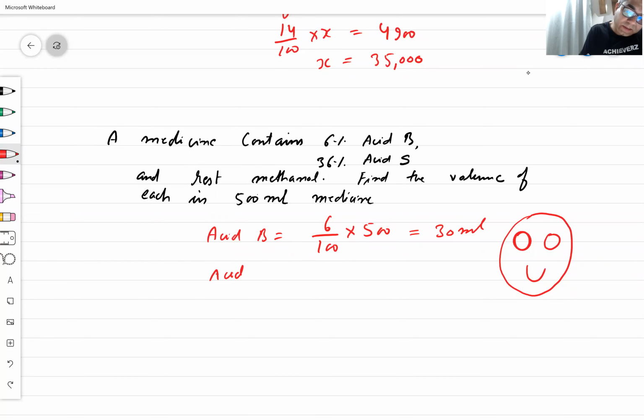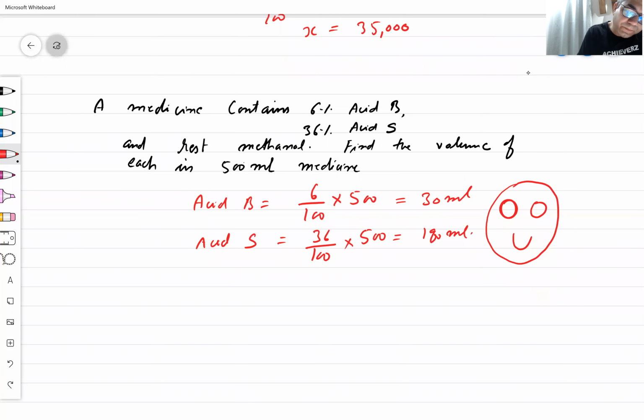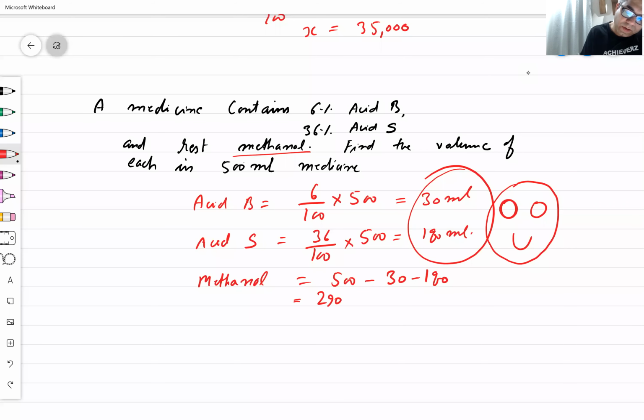What is acid S? That is 36 over 100 into 500, so that will give you 180 ml. Now to find the methanol, we can add these two and subtract from 500. So methanol would be 500 minus 30 minus 180, and that will give you 290 ml. I hope it is clear. This was a pretty easy question actually.